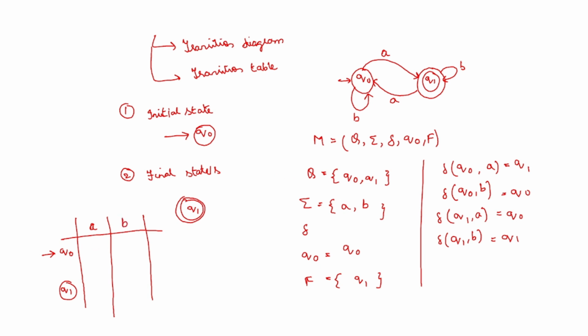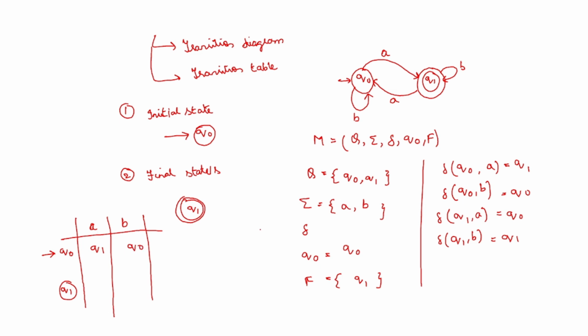So using these transition functions, we'll write down this table. q naught when applied with a goes to q1, and q naught when applied with b remains on q naught.